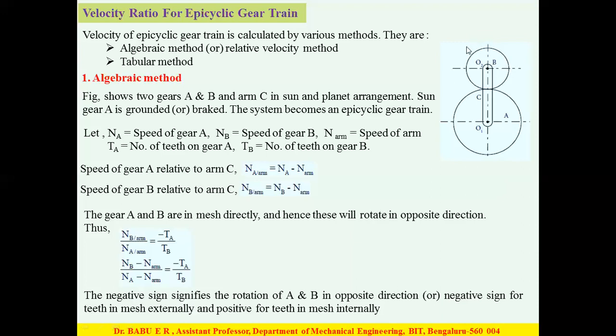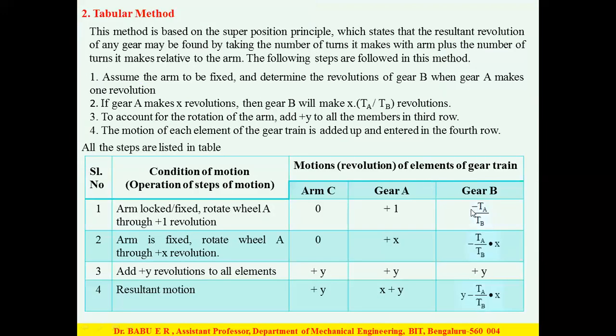What you have to find out is the number of revolutions of gear B. So you send NB to this side and you send TB by TA to this side. What does it become? You'll get TA by TB, with a negative sign.